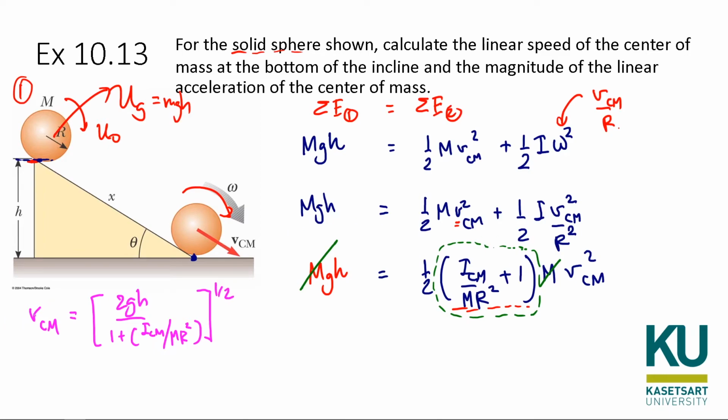Now you have v_cm already. If you would like to determine the acceleration of the center of mass, how can you derive this?